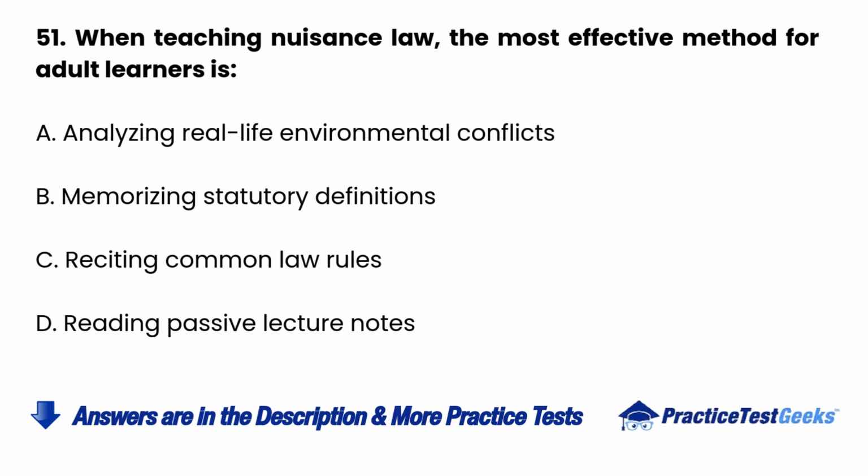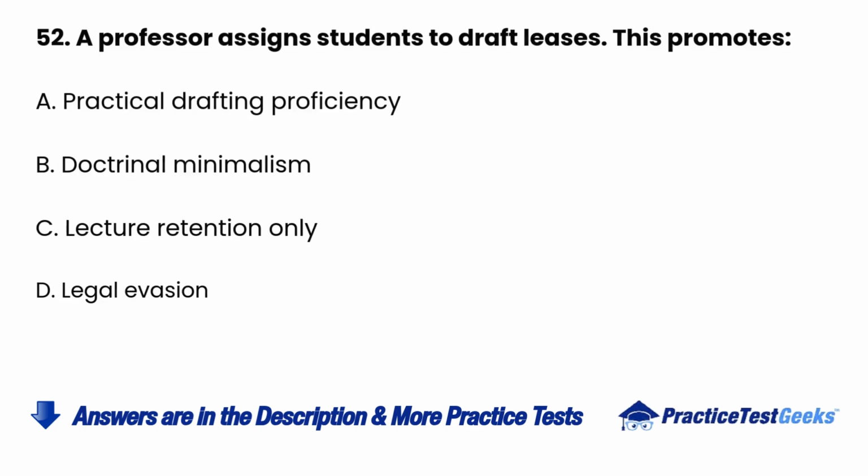51. When teaching nuisance law, the most effective method for adult learners is A. Analyzing real-life environmental conflicts. B. Memorizing statutory definitions. C. Reciting common law rules. D. Reading passive lecture notes. 52. A professor assigns students to draft leases.